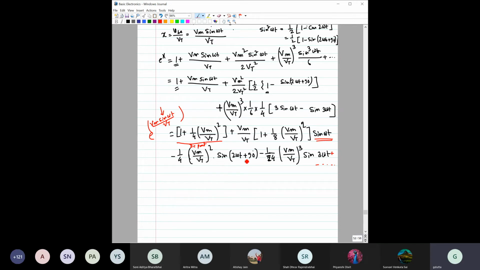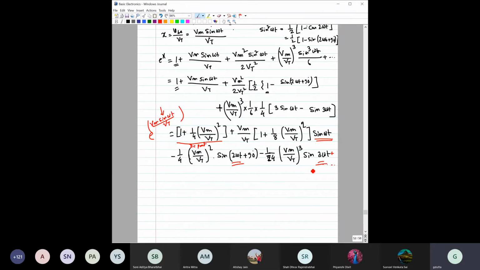Now, if you see other than this sine of omega t, then you see this 2 sine of omega t, where your frequency is expected to be omega, but because of this expansion, you are getting an additional term of 2 sine omega t. At the same time, you are also getting 3 sine omega t, right?